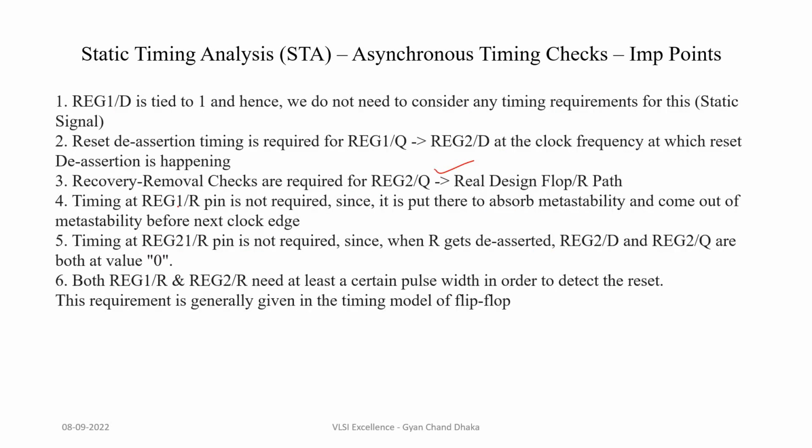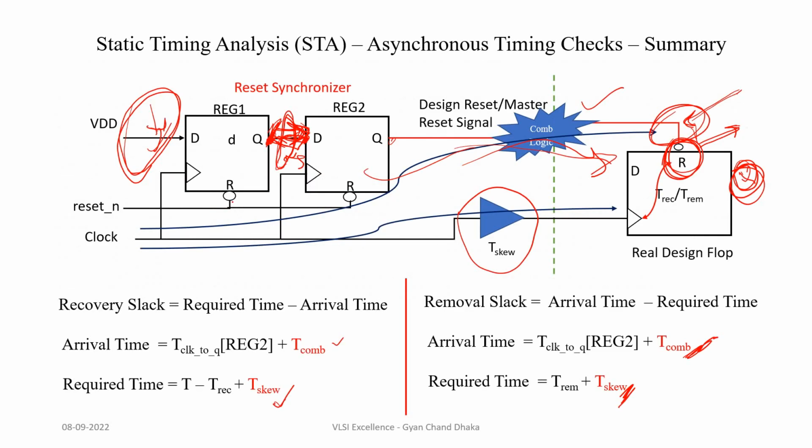The next point is timing at register 1 reset pin is not required, since it is put there to observe metastability and come out of the metastability before the next clock edge. What does it mean? As we discussed in our previous chapter about the reset synchronizer, this flip-flop can go into metastability state, and that is fine, because our next flip-flop will never go into metastability state, and the output of this flip-flop is only going to our real design flip-flops.